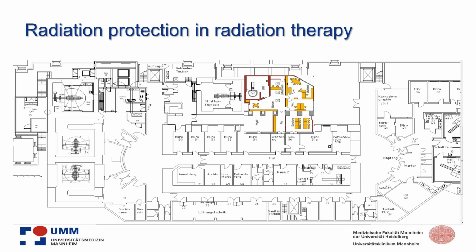Yeah, this is a ground map of our department. You see, we have different linear accelerators. At the left-hand side, this is the ordinary shielding, and these are high-energy machines. At the upper left, there is a low-energy machine. At the right-hand side, the upper right-hand side, we have a gamma knife with an energy of around 1.2 MeV.